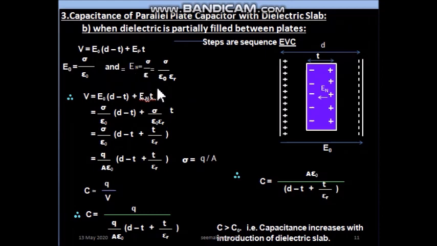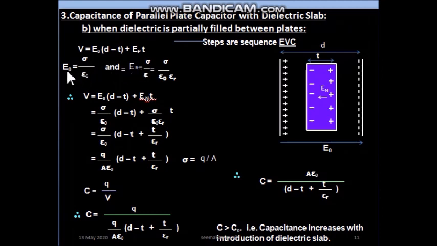But the formula of En, which is the net electric field inside the dielectric, can be written as sigma upon epsilon, and this epsilon can also be replaced by its basic formula, epsilon 0 into epsilon r. Epsilon r means dielectric constant of this medium. So this way we have written the two formulas, En and E0.